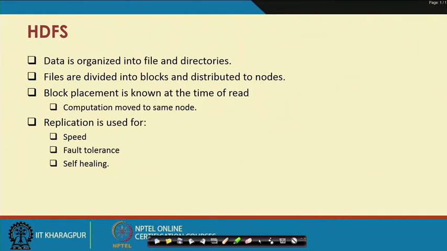At the time of reading, the block placement is known, which means that you know the node on which a particular block is placed, and hence you can schedule your jobs or your MapReduce tasks in such a manner that the computation goes to the data, that is, your application or the client that is reading the data is close to the node where the data is being read.